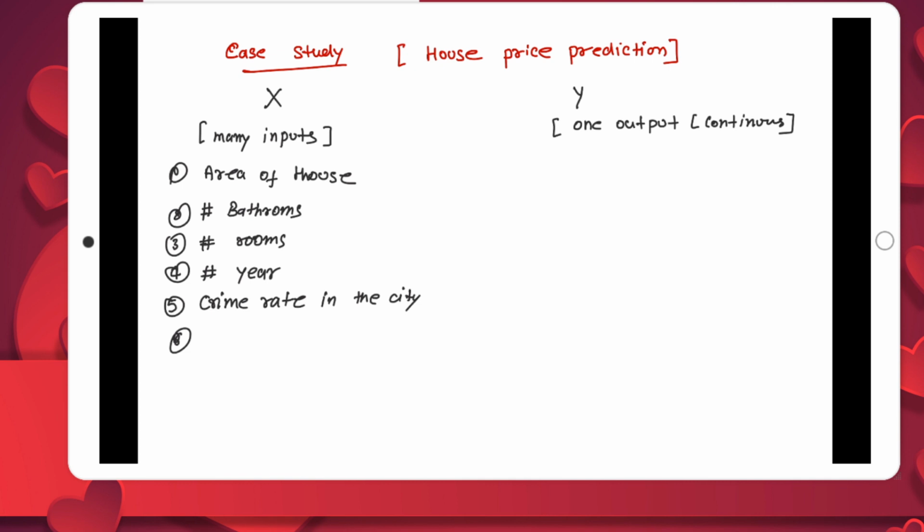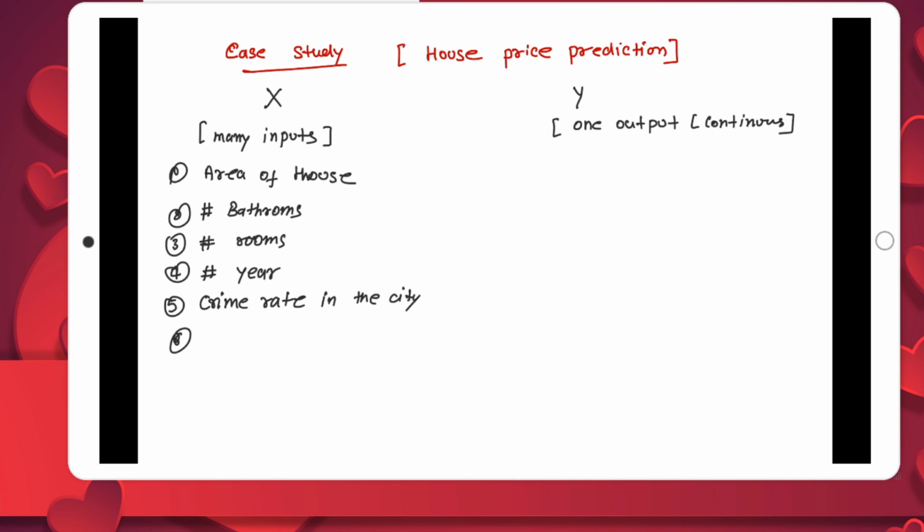All right, perfect. Now let's say we have X and Y. The Y is one output, that's the continuous output. Now we have two types of regression here.